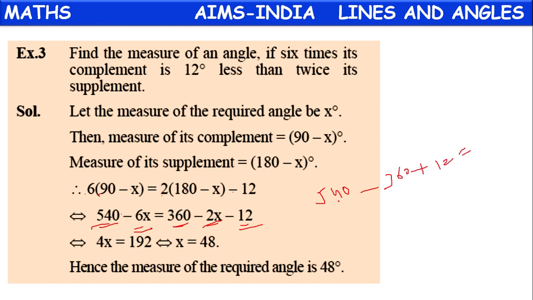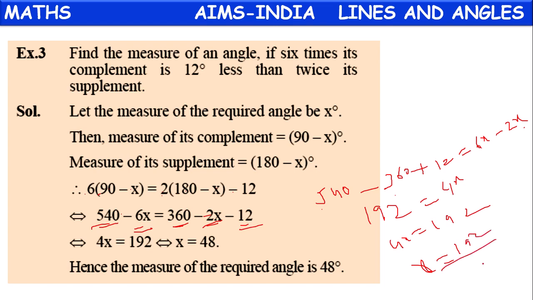Minus 6x comes to this side as plus 6x, and here we have minus 2x. 540 minus 360 is 180, plus 12 is 192, equal to 6x minus 2x, 4x. So 4x equals 192, and x equals 192 by 4, which is 48 degrees.